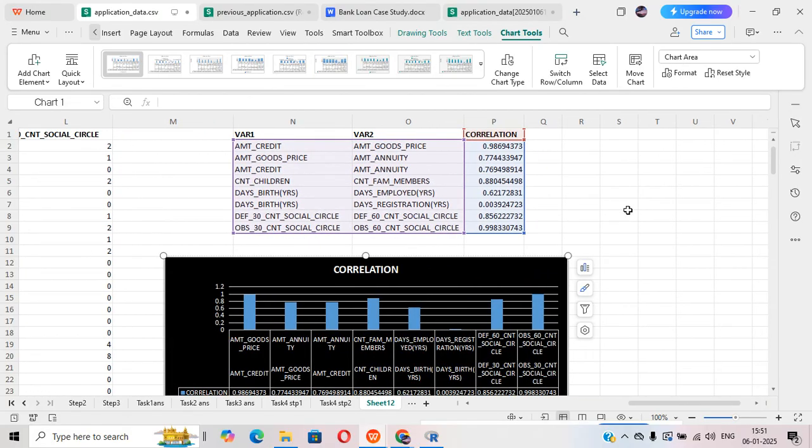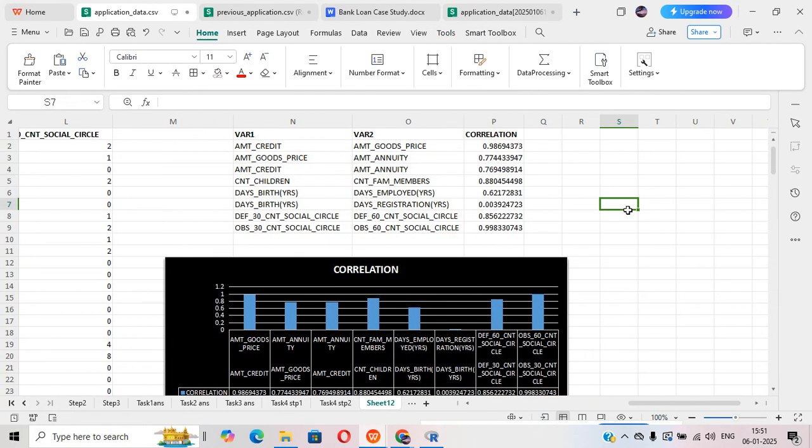And I have taken these as variable 1, variable 2, and calculated a correlation for that using the CORREL formula. For example, I have taken variable 1 and variable 2 as AMT credit and goods price and calculated a correlation value using the CORREL function.